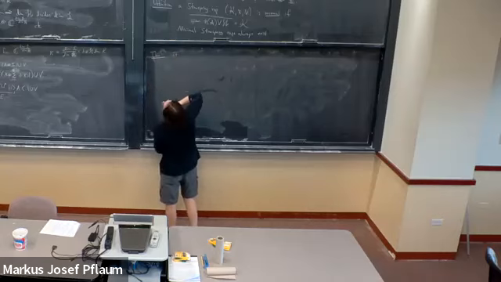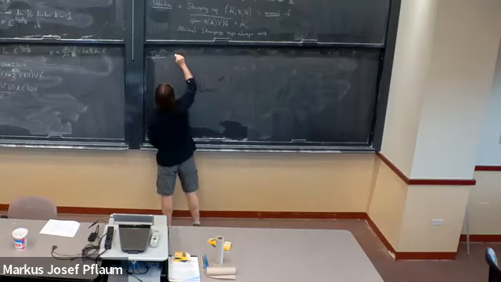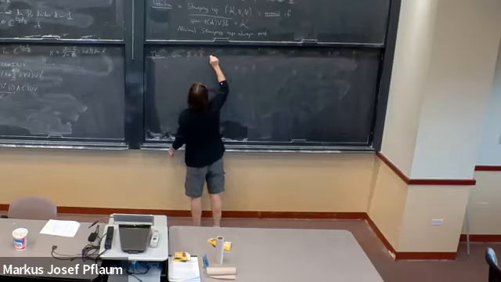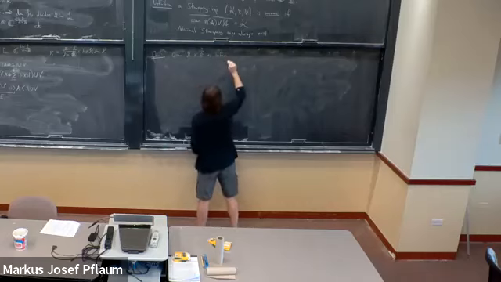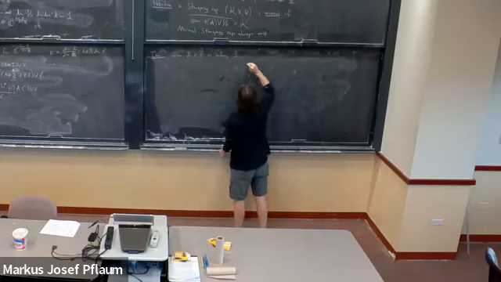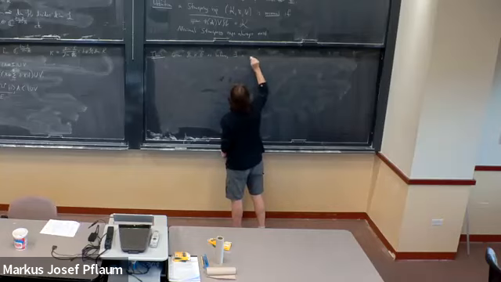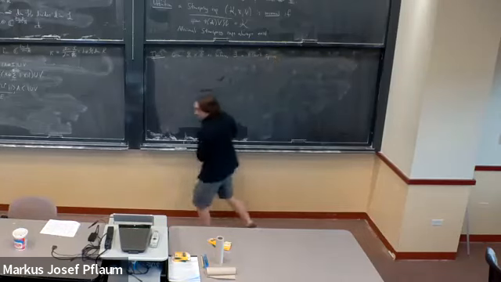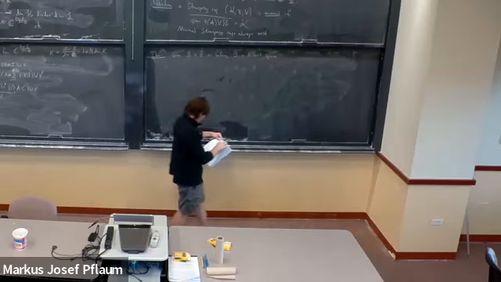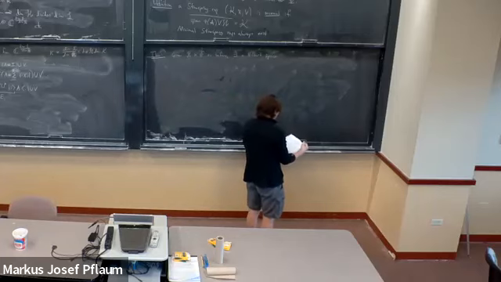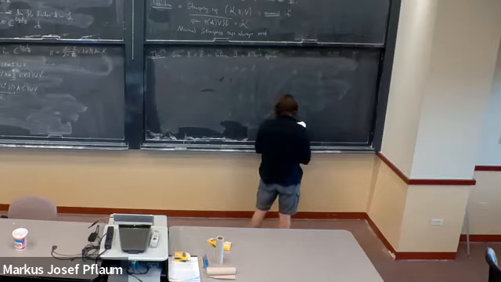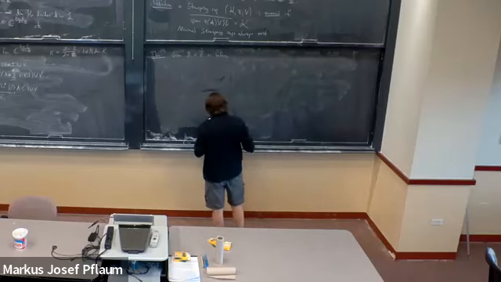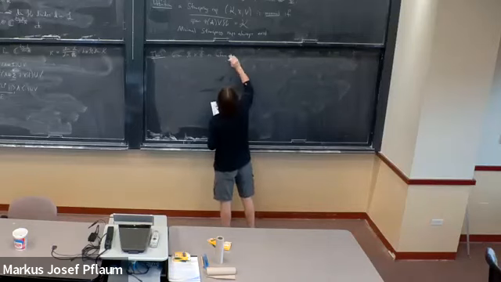So if H and K, phi are as before, there exists a Hilbert space. Let me make sure I get all the data.